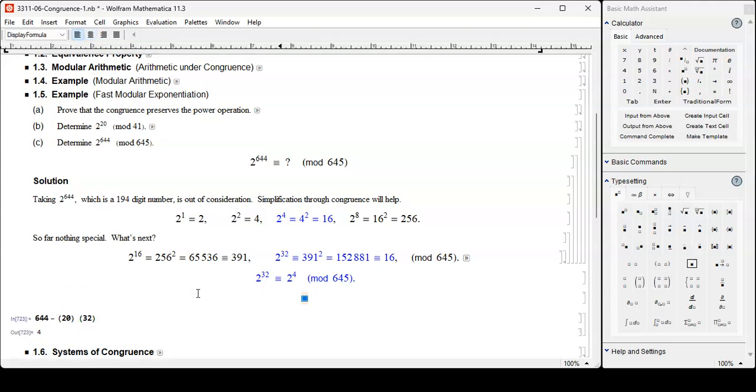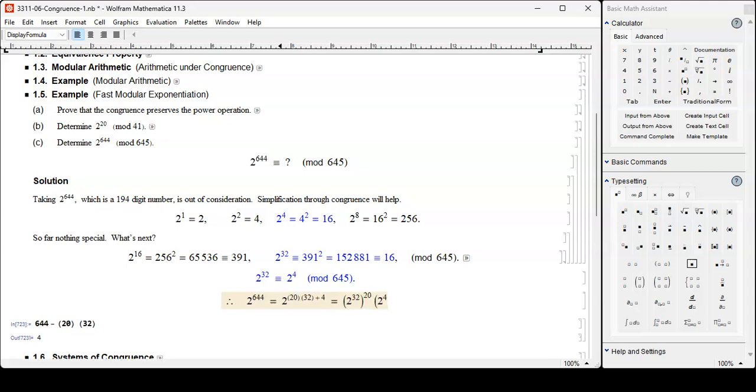Alright, so we get this. 2 to the 644 can be written as 2 to the 20 times 32 plus 4, which is 2 to the 32nd power to the 20th power times 2 to the 4th power. How's that?